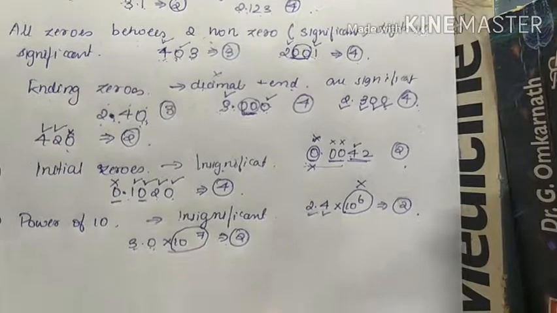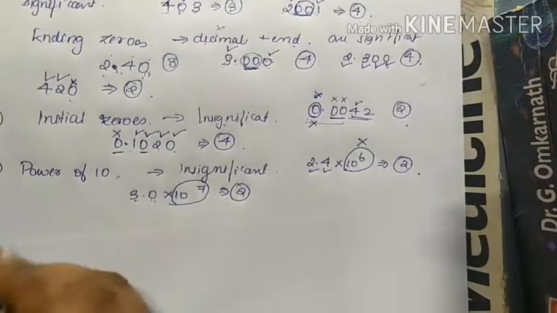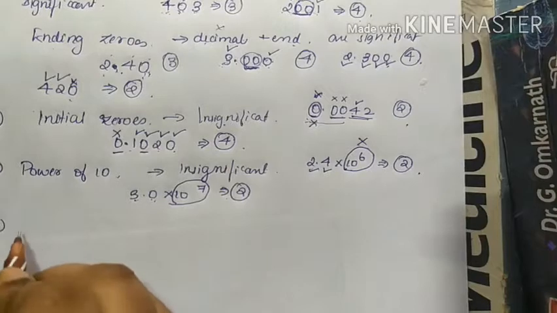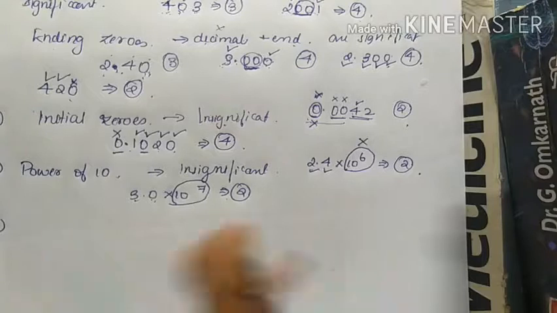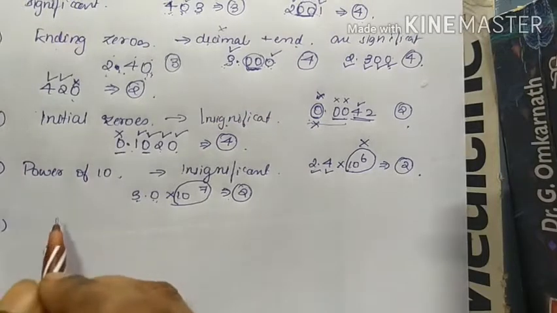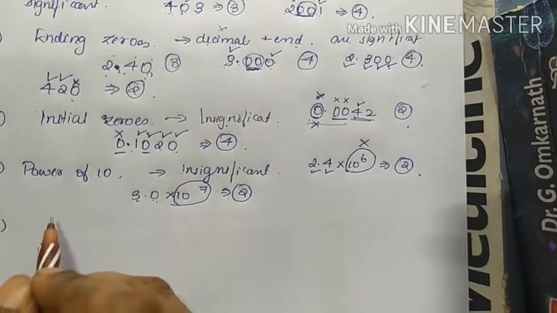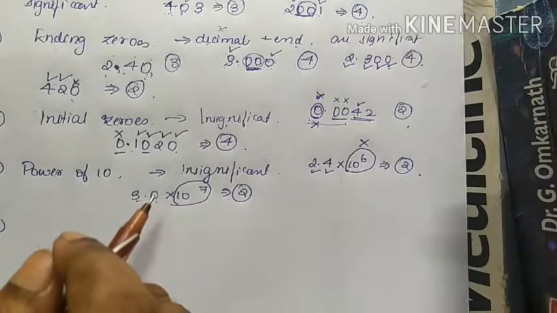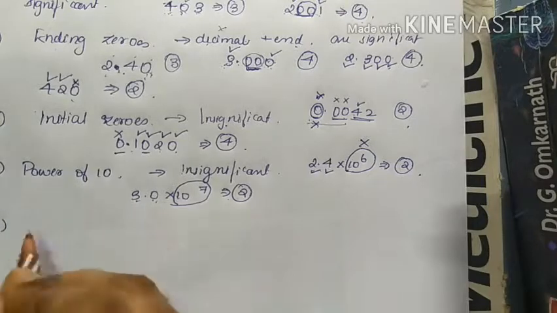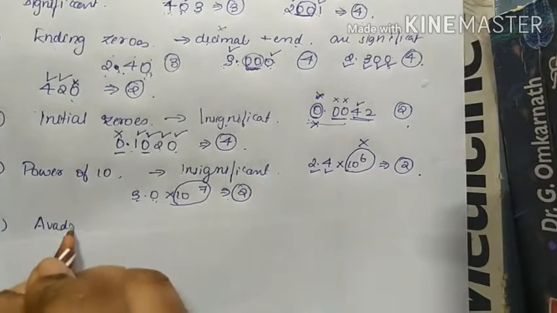Clear? Now the last rule which you have to deal with, that is the 6th rule, is pure numbers or constants. Constants mean values which have already been declared and there is no change in that number. They have infinite significant figures. Let us say Avogadro number. It's a constant, right?